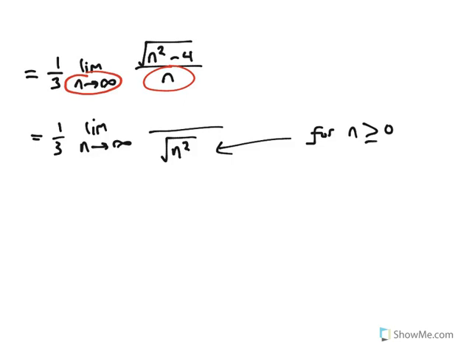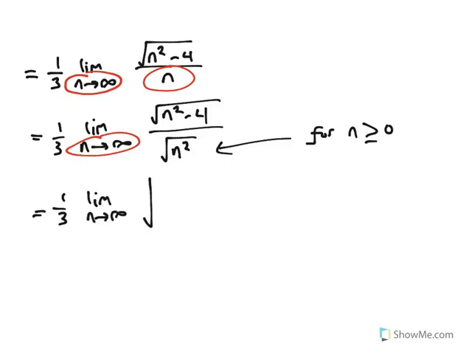And since n is going to infinity, we can do that. So now we have this. And using properties of radical expressions, I can now rewrite my nth term in this way. I have a quotient of two radical expressions with the same index, so you can write that as the square root of the quotient.